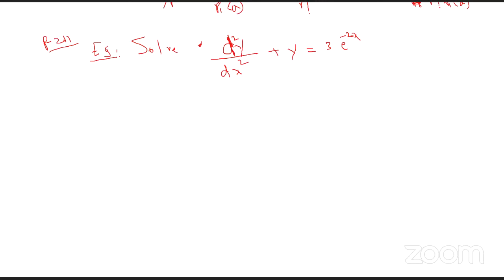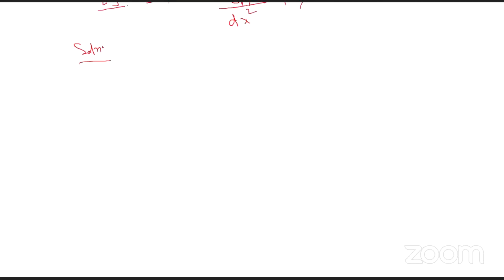Solution. First, the auxiliary equation (AE) of the given differential equation is m² + 1 = 0.